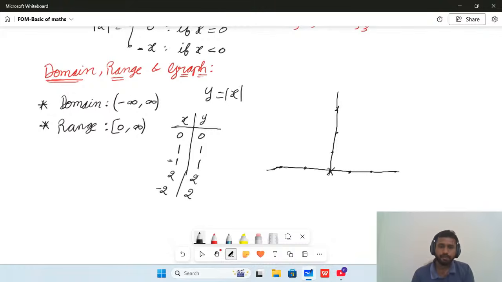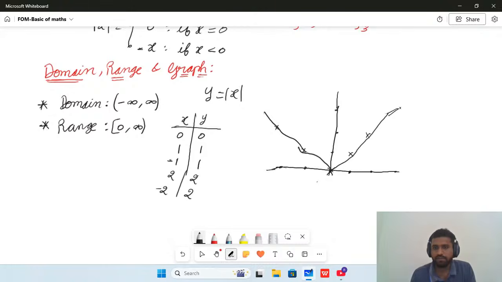Then 1 comma 1 is the second point, so the graph needs to pass through it, and 2 comma 2 will be there. Here x is minus 1 and y is 1, the graph will pass through this point. X is minus 2 and y is 2, so the graph will pass through this point. So graph of modulus function will be somewhat like this. With this pen tab it is not clear, but it will be in the form of a V shape.